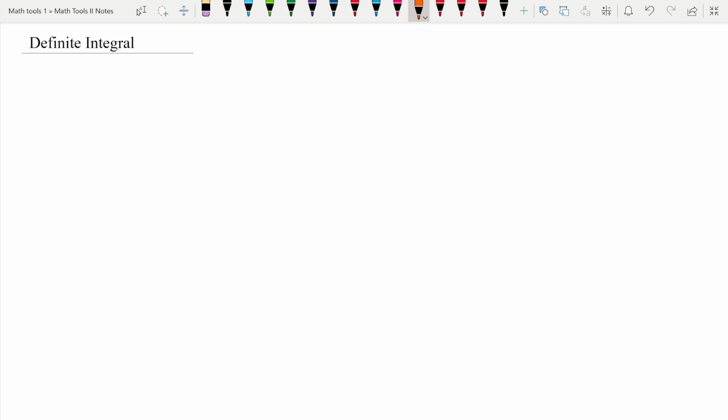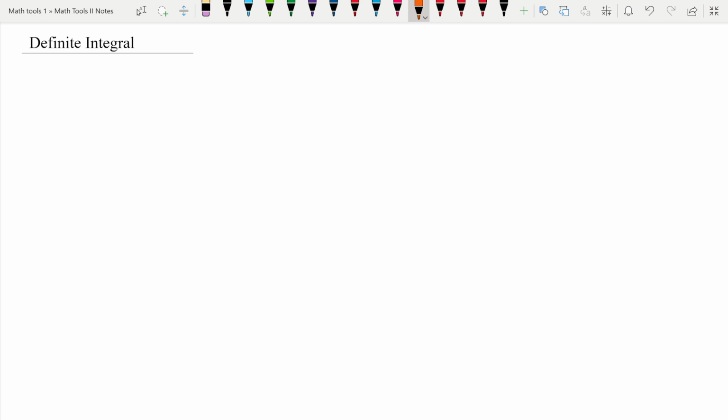So now we want to start exploring what's known as the integral, hence the name integral calculus. The idea here is exactly what we saw in the last video, which is that the integral is equal to the area under the curve.